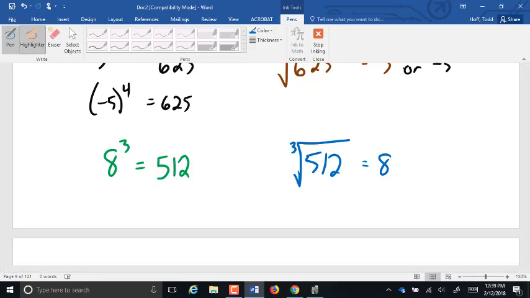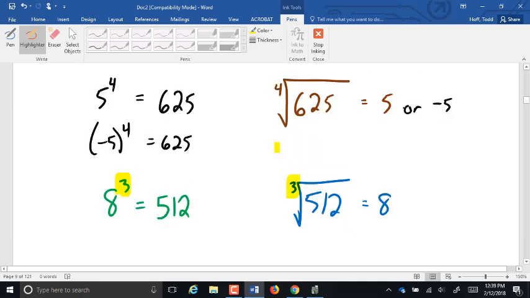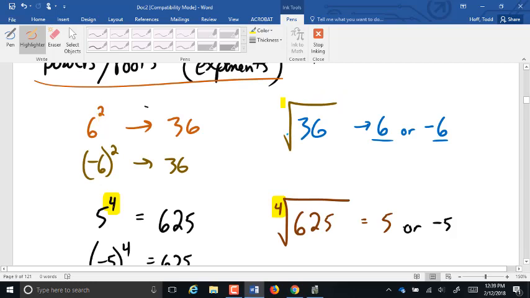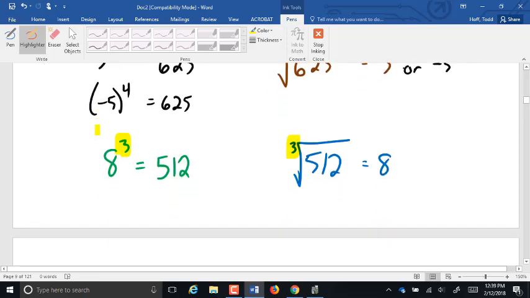Notice the pattern here, by the way. The index here on the root matches our power and our exponent. Except for up here, the square root, there's no number written here. That's implied to be a 2 because it reverses a square root, or a power of 2. Now down here, would this be 8 or negative 8?